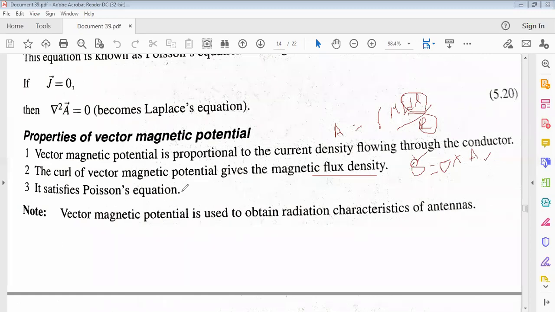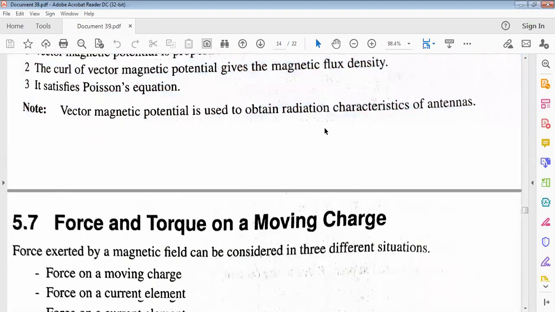See here, the vector magnetic potential is used to obtain the radiation characteristics of an antenna. That's why it is more important than scalar magnetic potential. Are you clear why this vector magnetic potential is so important? That's why it is the heart of the antenna concept.